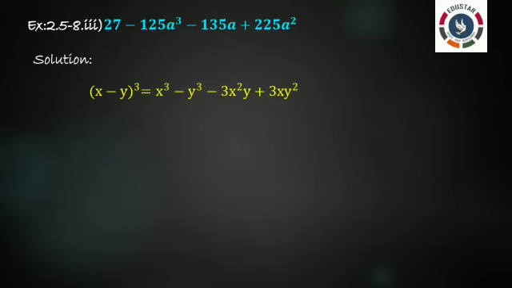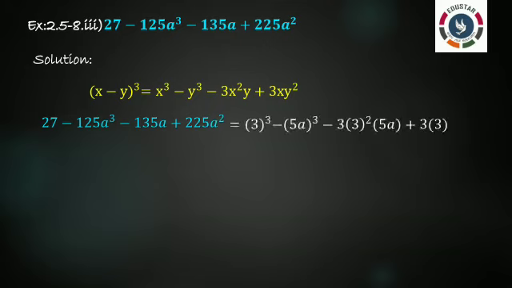So your x value is 3 and your y value is 5a. So we can write it as 3 cube minus (5a) the whole cube minus 3 into 3 square into 5a plus 3 into 3 into (5a) whole square.